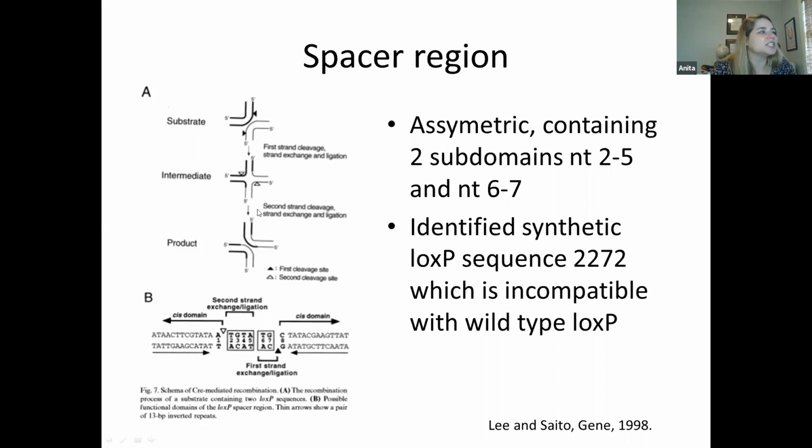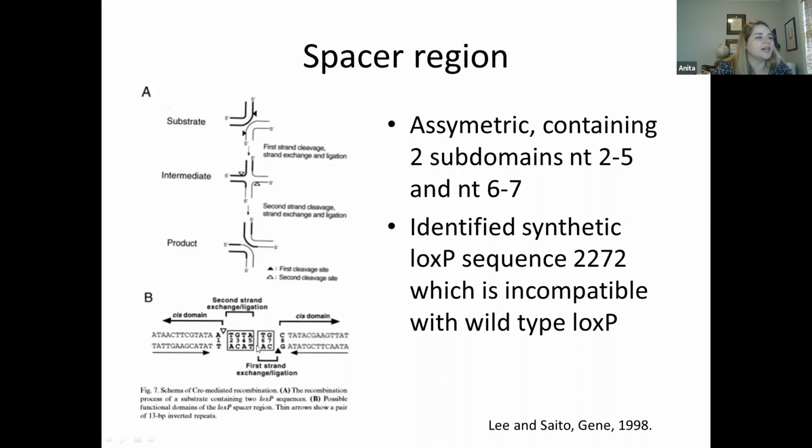In this paper, having identified these two domains, they went through and made mutations in each one to figure out which were important for the cleavage and activity of the Cre recombinase.